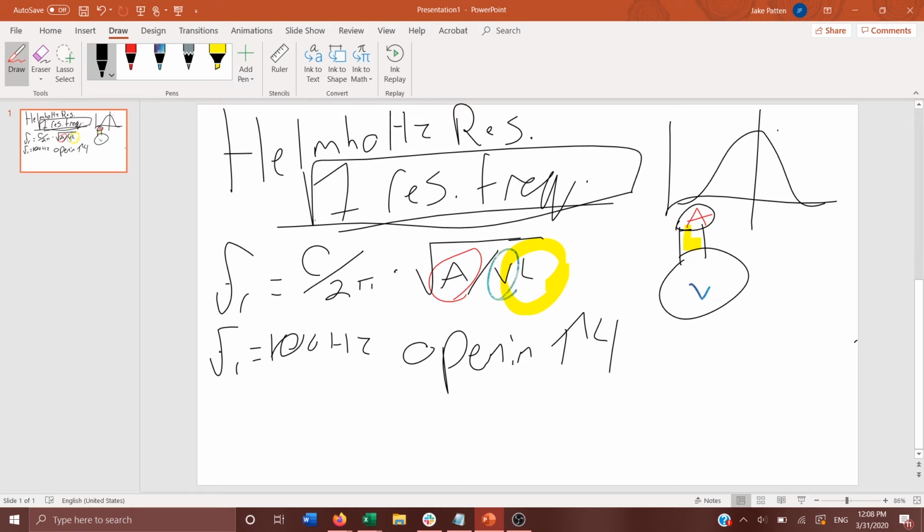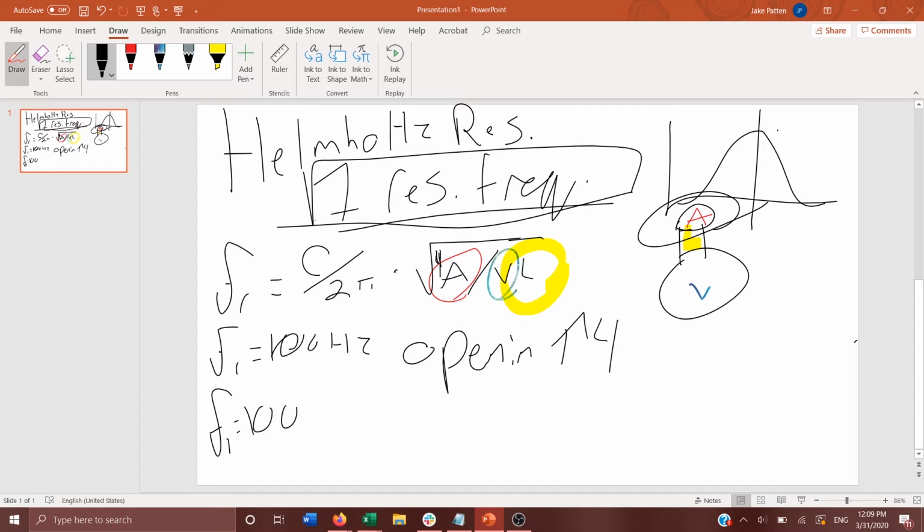What is the opening? It's A, area. So this is a lot like the last one that we did, a lot like our mass spring resonance. F1 is 100, and what's changing here is that there's going to be a 4 up here by the A. Well, it can come out.